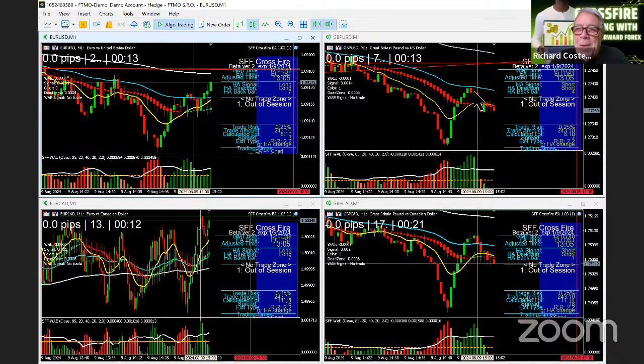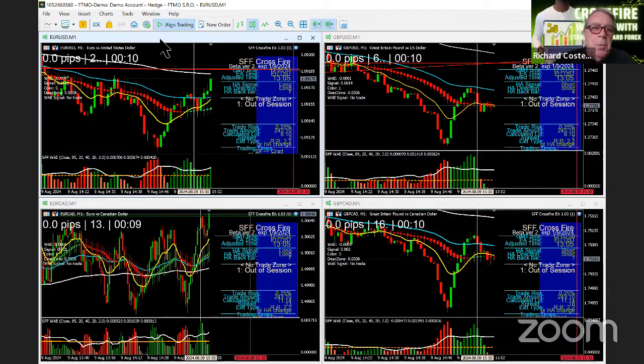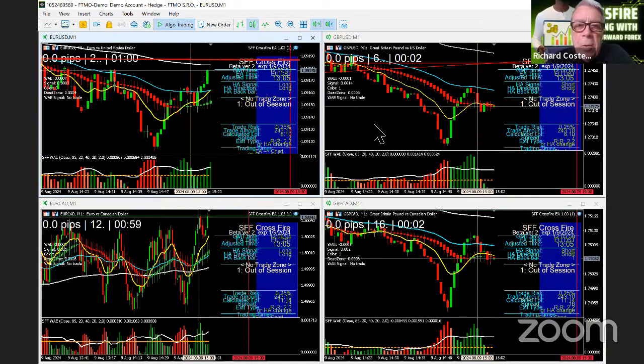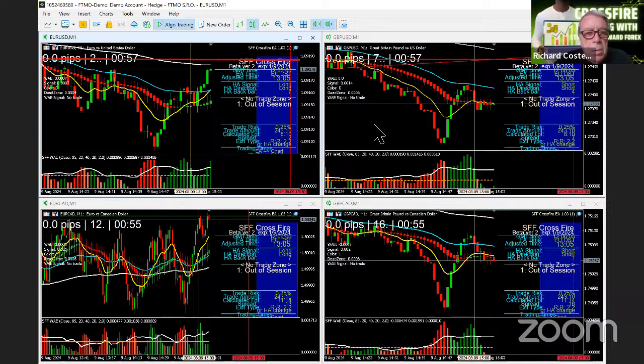Okay, so I'm going to go back to the one screen. I'm just making a point about if I'm available to trade manually on Crossfire on TradingView, I think I'm going to do so. I'm going to use the trading assistant for the times when I'm not able to sit at the screen.